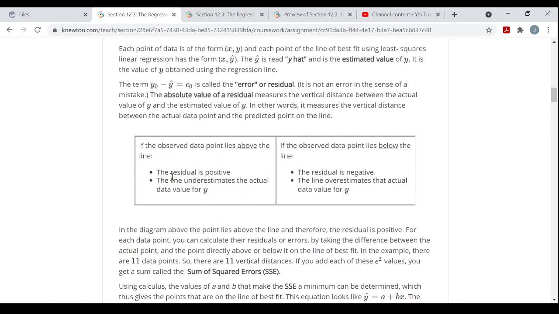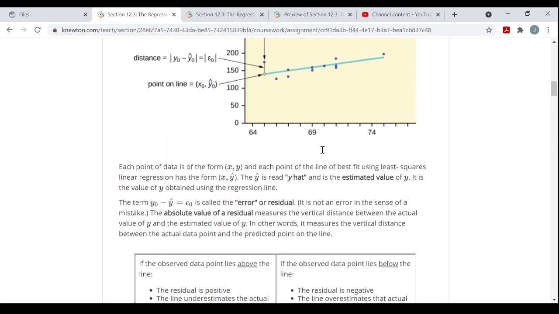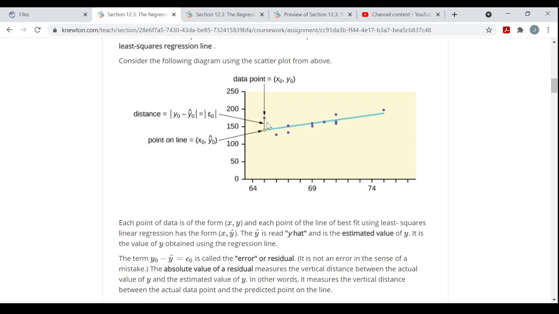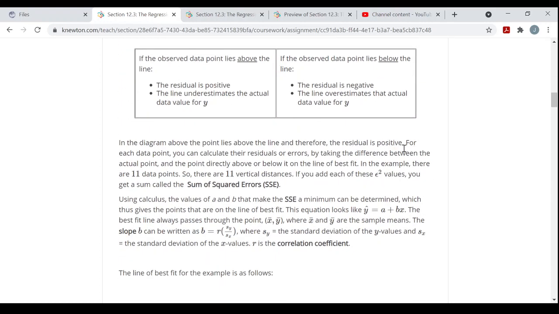So they kind of recap that here. In the diagram above, the point that they're pointing at lies above the line, so that y0 minus y hat sub 0 would be positive. The residual is positive. For each data point, you can calculate the residuals or errors by taking the difference between the actual point and the point directly above or below on the best fit line.